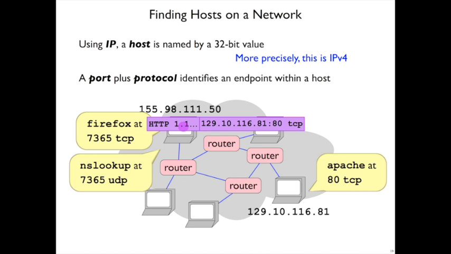So if this Firefox over here is sending a request to this web server down in the bottom right, then it'll send a packet that starts out something like HTTP 1.1, and that packet will get combined with a header that says where it's supposed to go. So that header will say a particular host address, a particular port, and a particular protocol. And that way, as the packet gets sent to the routers, they'll know how to deliver it based on that sort of address that's stamped on it.